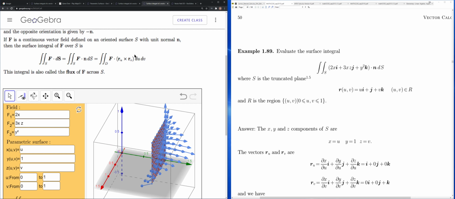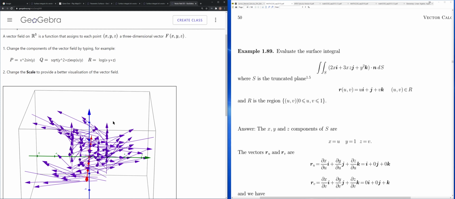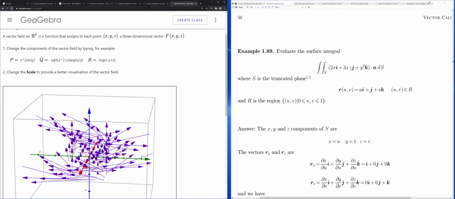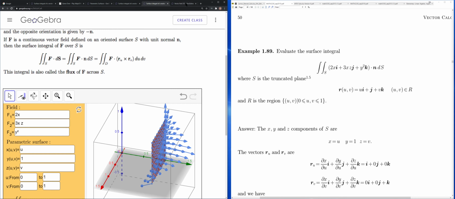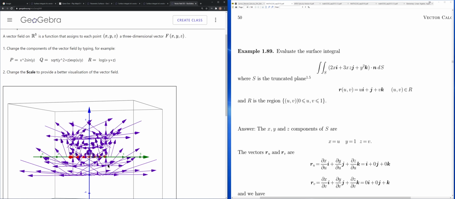Let's go back to the big picture. In this big picture, for this vector field, which is the same vector field as in this picture, you could think of fluid flowing in three-dimensional space.